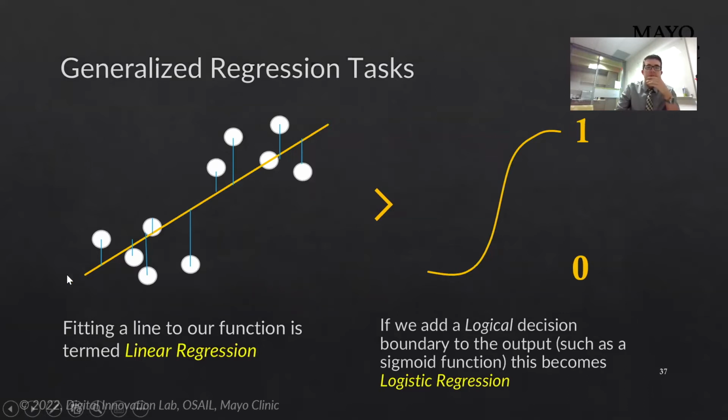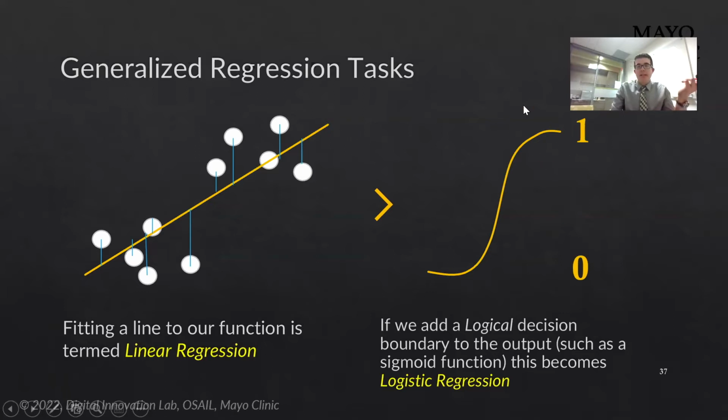Okay, so the first example that I showed actually is an example of linear regression, which I think is something all of us are familiar with. This is good for when you're trying to predict a continuous output. So when you're trying to predict an actual value, you would use linear regression. But in a lot of cases, we want to use machine learning for classification. So we basically have to turn this linear regression algorithm into a classifier.